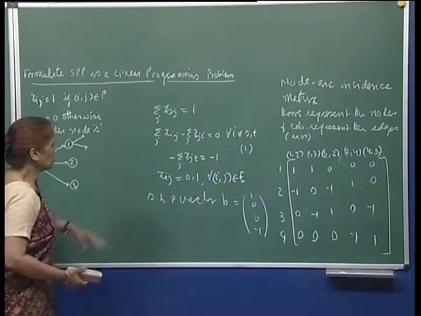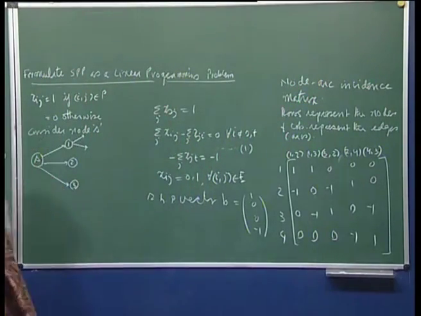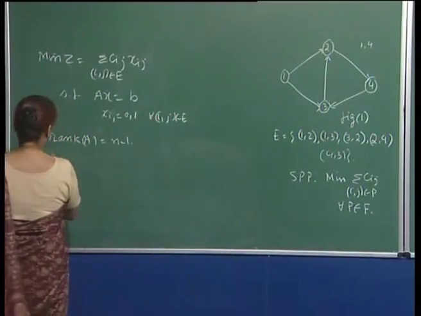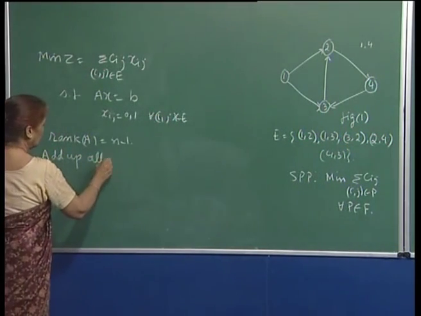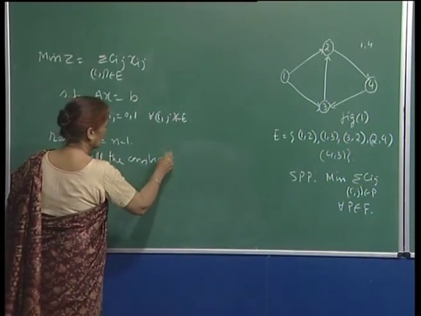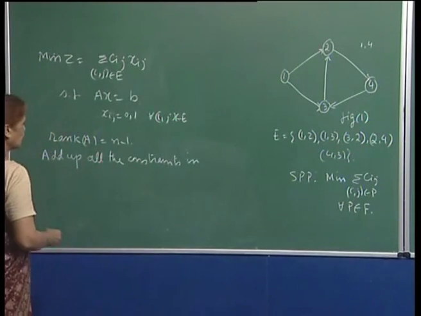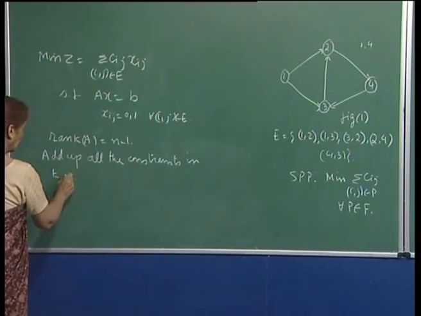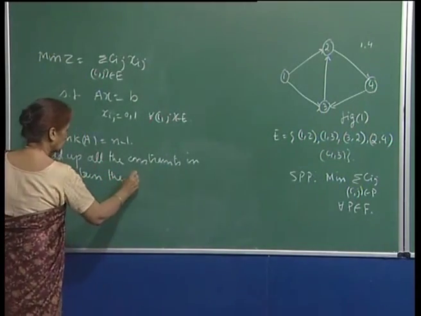So, add up all the constraints in (1) to obtain the 0 row.